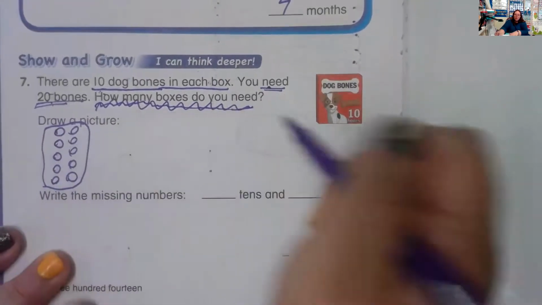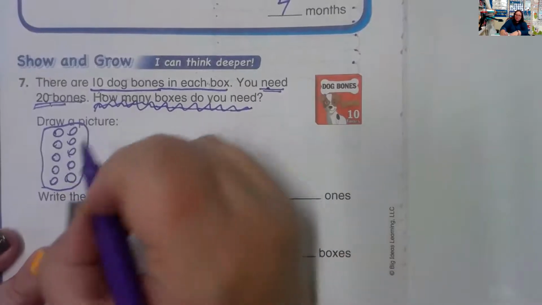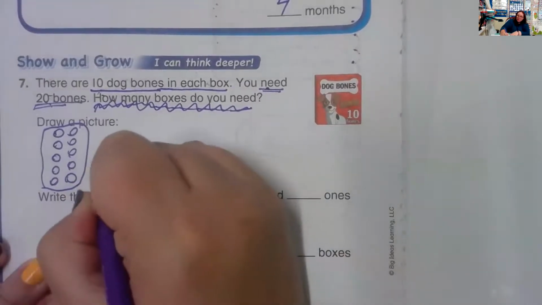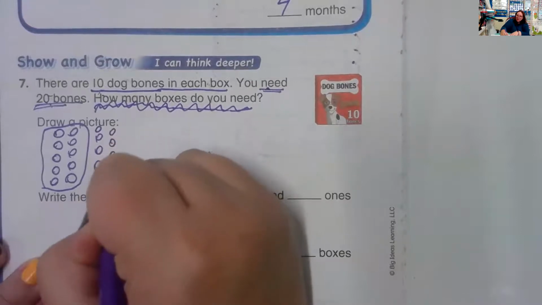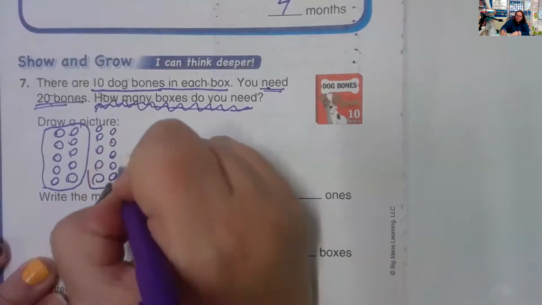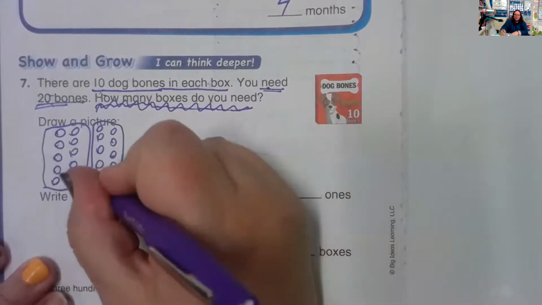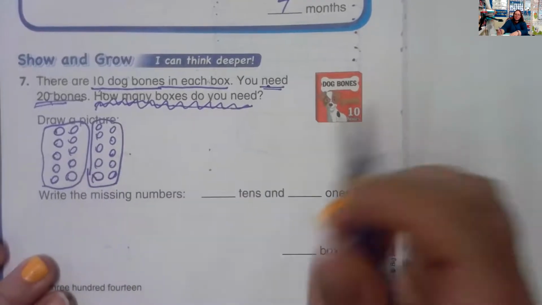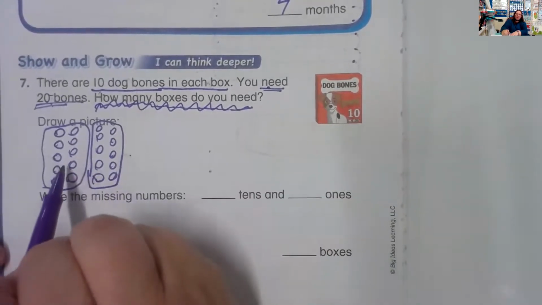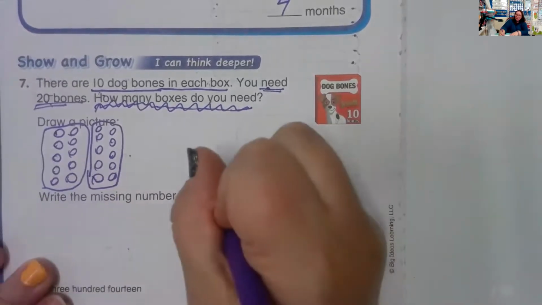So we need to draw those boxes of bones. So there's 1, 2, 3, 4, 5, 6, 7, 8, 9, 10. 10 and so how many 10s do I have now? 1, 2.